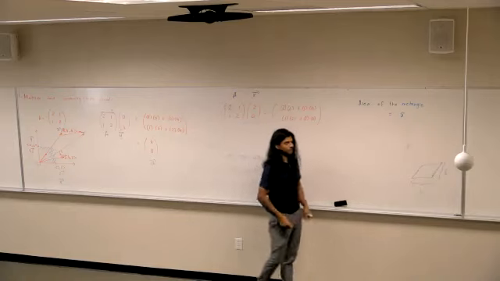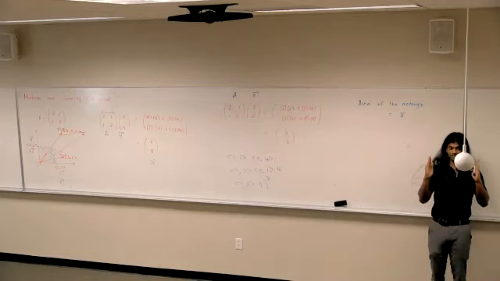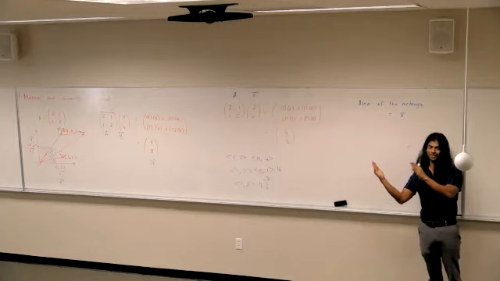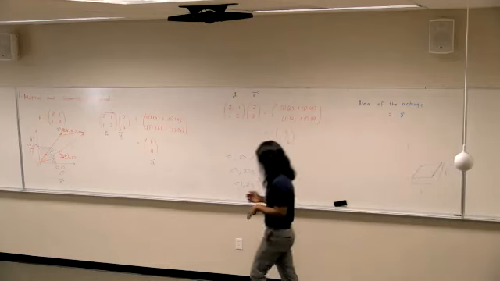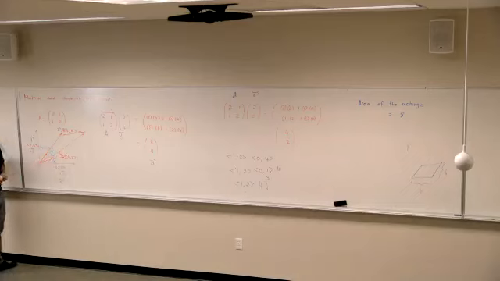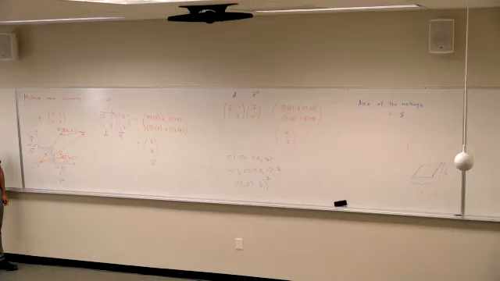Base times height. Geometrically, you have a rectangle, you pull it, it becomes a parallelogram. That's it. So what is the length of the base? From here to there? Agree? What about the height?